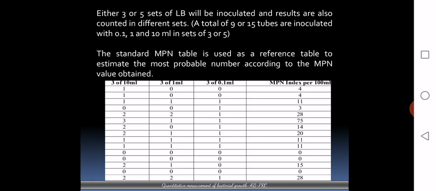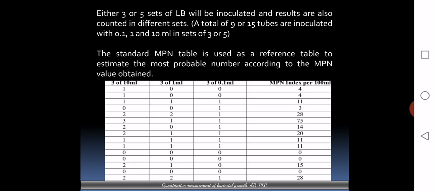Usually the volumes of sample added are 0.1 ml, 1 ml and 10 ml into these 3 sets. After that we incubate and observe for color change, for a positive result, that means acid and gas production, and the number is counted.